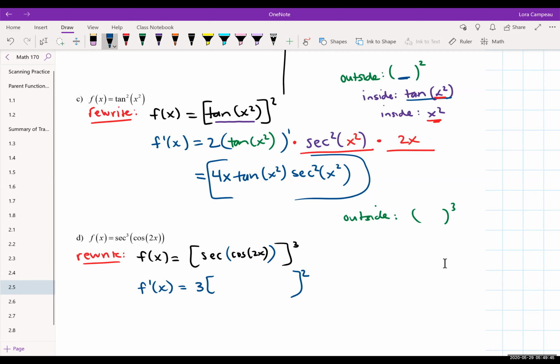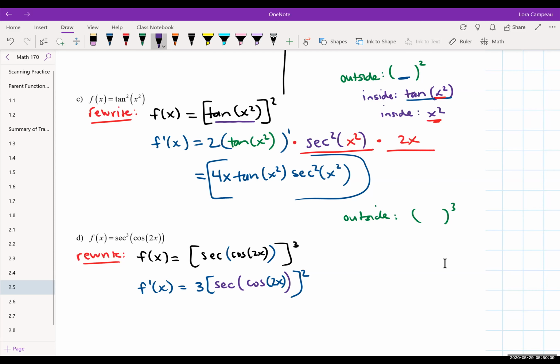Now remember, the inside part is still the same. All we're doing is looking at secant of cosine 2x. Maybe I'll alternate the colors just so that I can see what's happening.